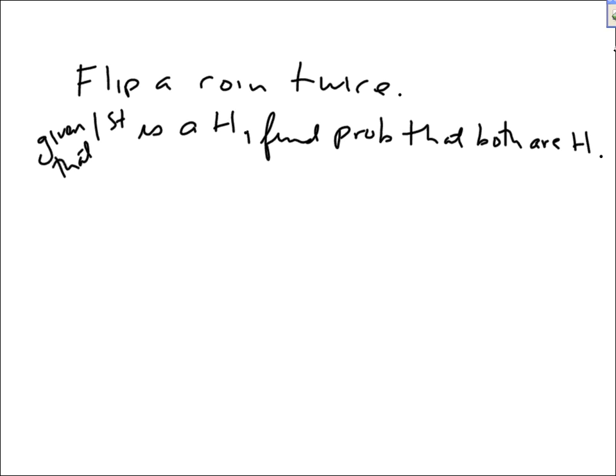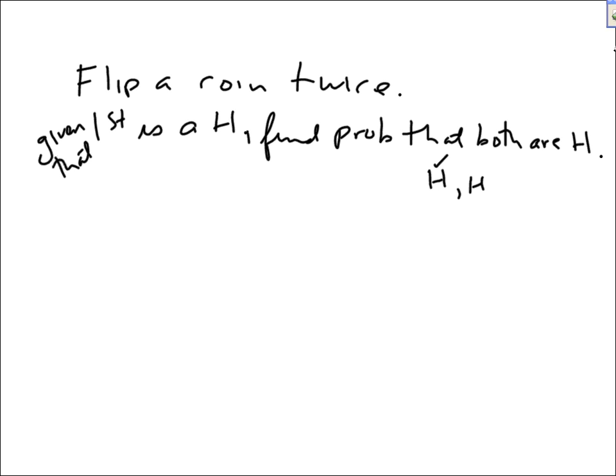Now, if you think about it, the probability of getting a head on the second toss has absolutely nothing to do with the outcome of the first toss. You're not going to get a head on the second toss more or less likely than a half just because of what you got on the first toss. Okay. So the answer, now to get both heads, you have to get a head and then a head.